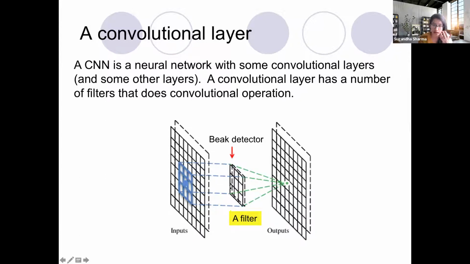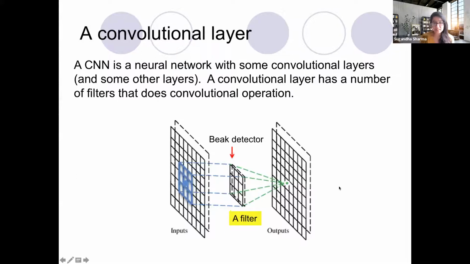These are some m by n matrices. You can think of this filter as analogous to the beak detector. If you scan this beak detector throughout this image, it will help you detect the regions of the image which contain beaks.